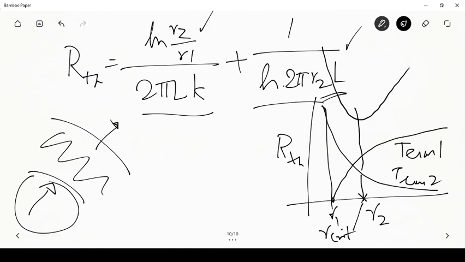Now at some value of R2, this resistance is going to be a minimum, and until the radius is less than that R critical, the total resistance offered is going to decrease as you add more and more insulation. Normally you insulate in order to add resistance, but here it's counterintuitive. You add insulation, but the resistance is decreasing, and therefore the conductance is increasing.